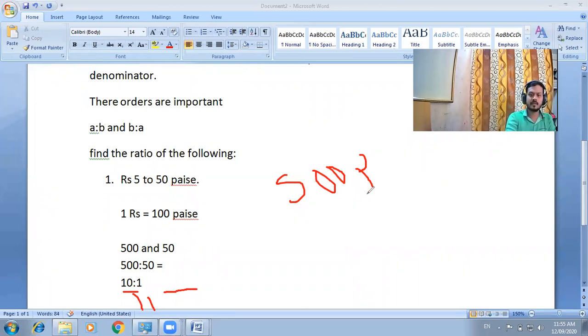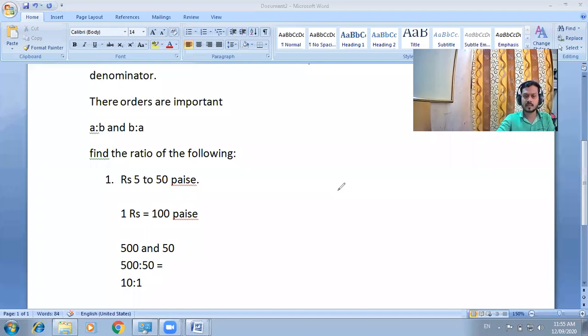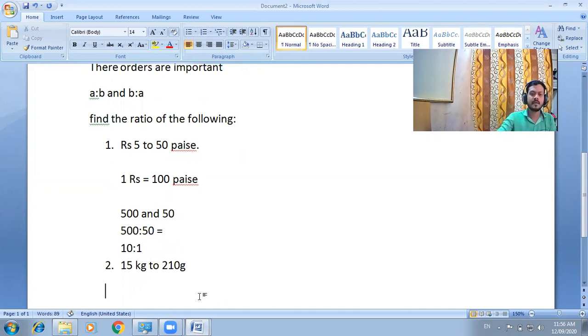Okay, we can take another example. Question second. Try to understand question second. 15 kg to 200 gram. Again, firstly convert into the same unit.